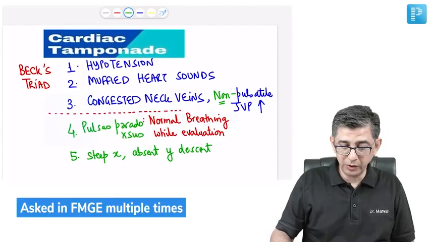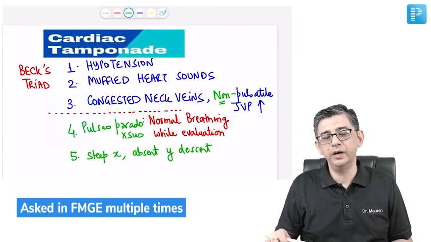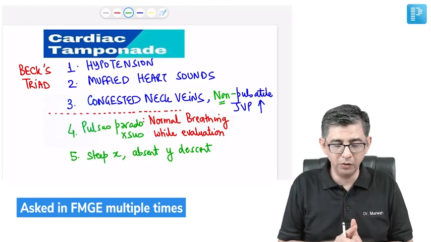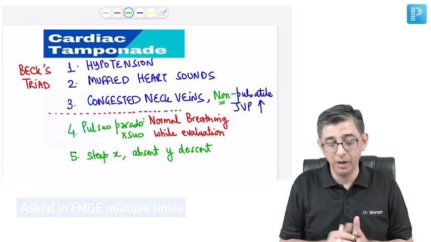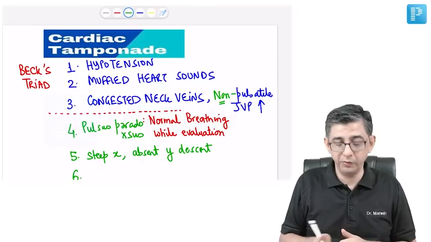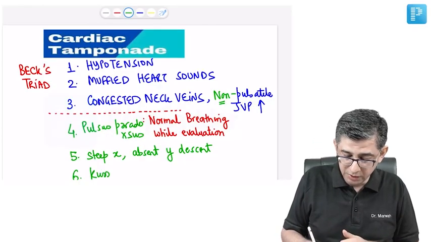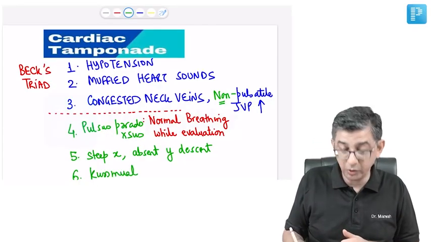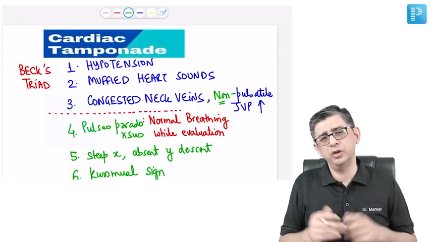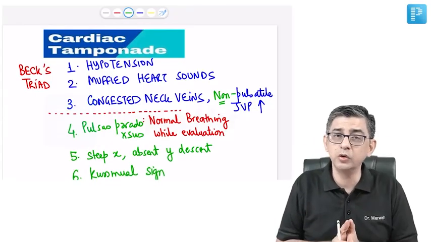Most of the MCQs with respect to cardiac tamponade will incorporate the data that are put up in green, because remaining things are easy. I mean, nobody will mess up an MCQ in cardiac tamponade with respect to Beck's triad. It is mainly point number 3, the non-pulsatile aspect, and 4, 5, 6, which are to be remembered. And 6, though it's a repetition, it was important for me to say that the query of most people is: there is pressure on the heart, so there should be elevated JVP and it should rise.